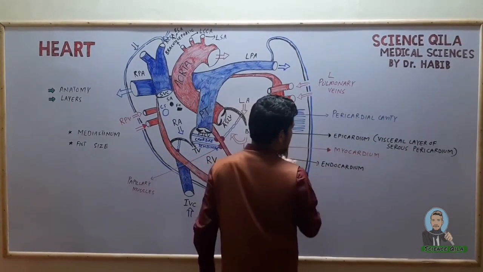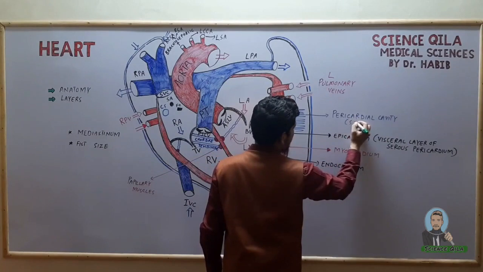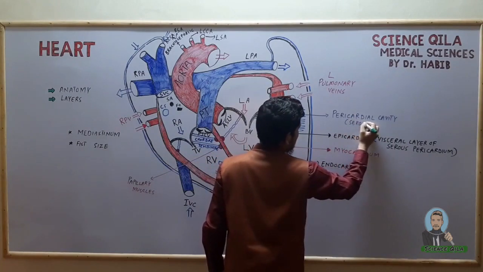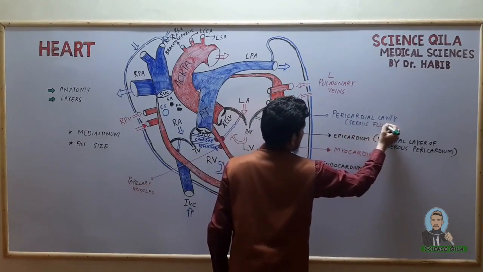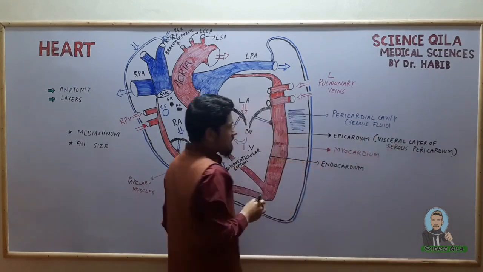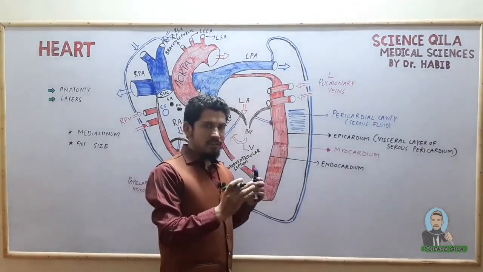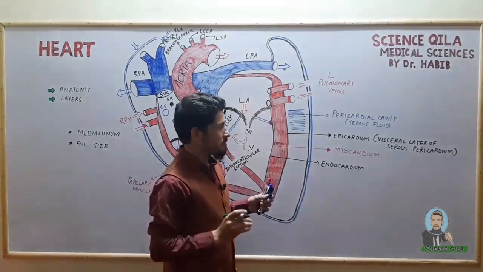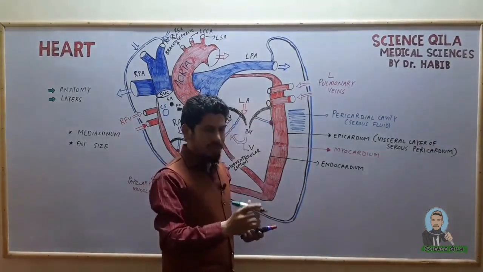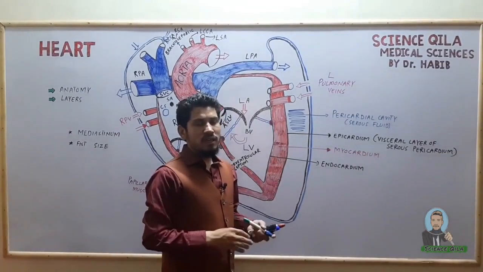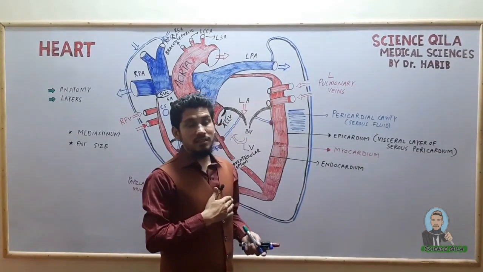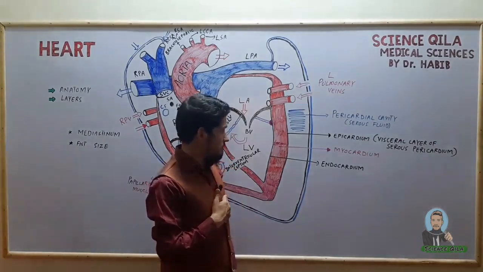It contains a fluid called serous fluid, and this fluid provides free movement of the heart while the heart is contracting and relaxing. If this serous fluid is low in quantity, you will feel a stabbing pain, as in the case of pericarditis.